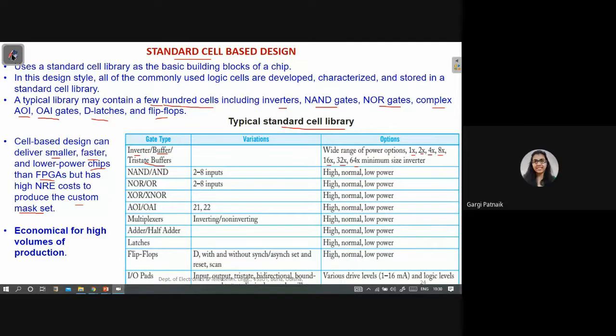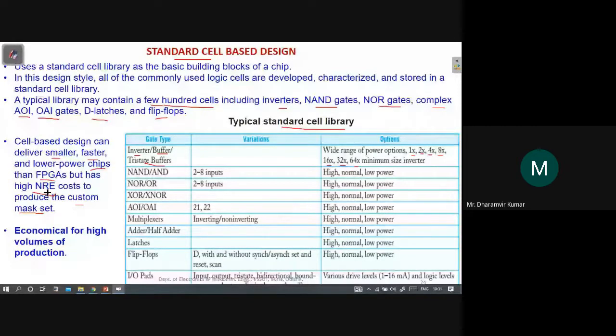Sir, what is NRE? NRE is called non-recurring engineering cost. When you compare it to FPGA, the standard cell-based approach has a high NRE. This is the cost involved in the design initially when you set up things. Initially, you have to invest some amount of money, and that money is spent on setting up the whole system, and that cost is not recoverable.